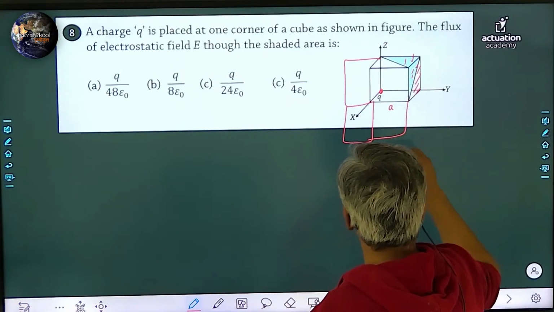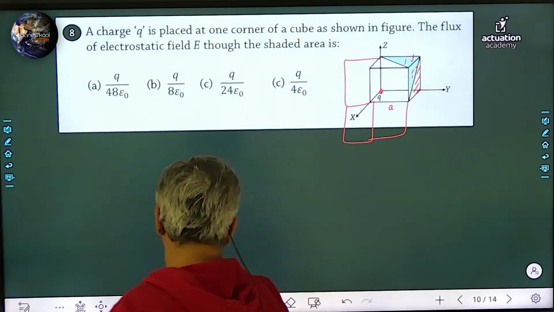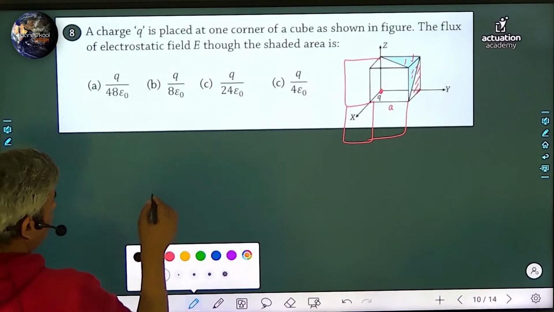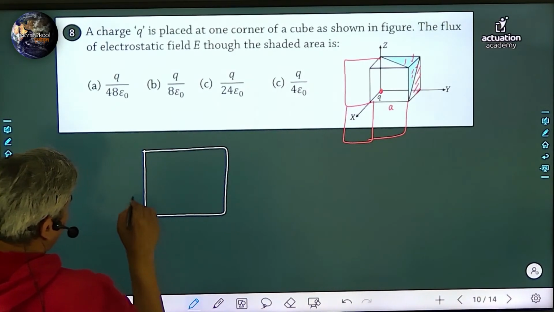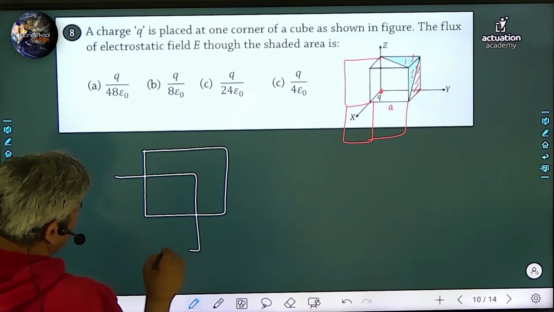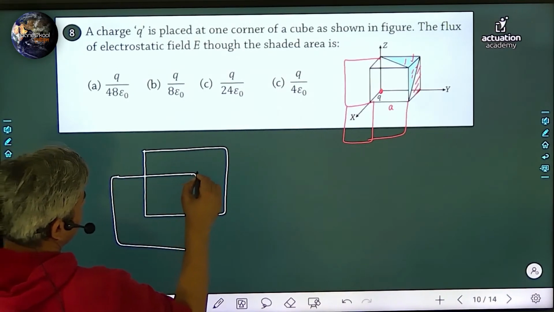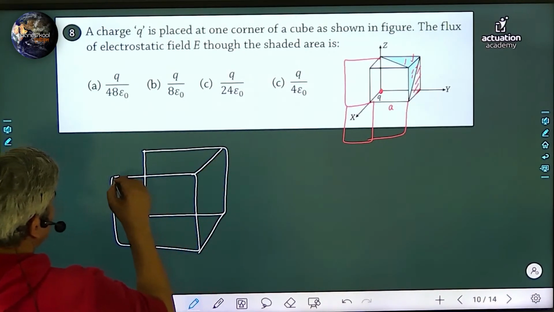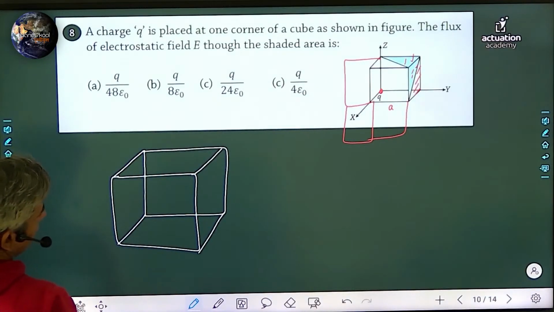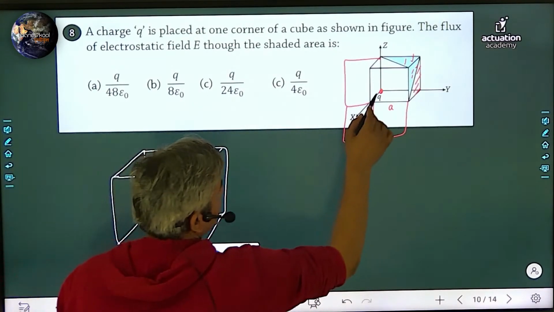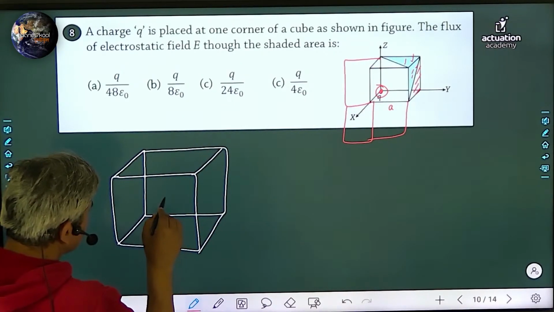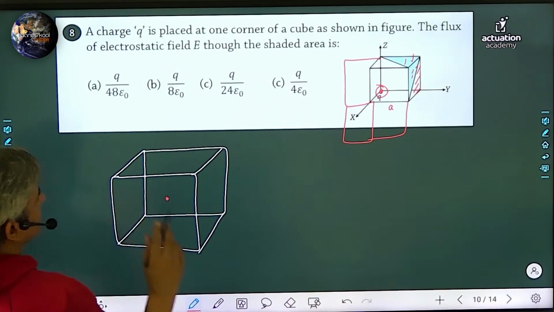So if I make a cube of side 2A, it will look something like this, a cube of side 2A.